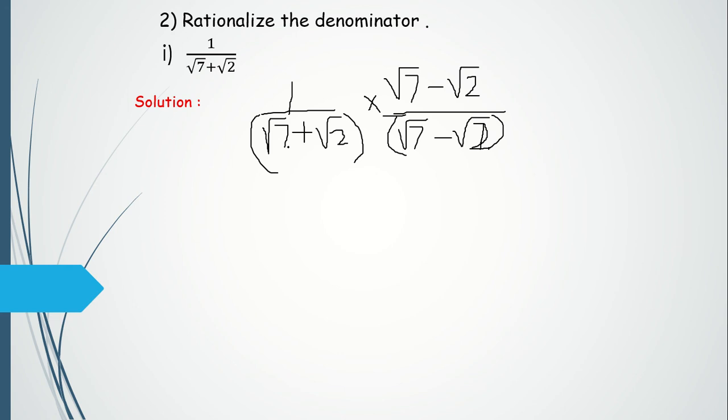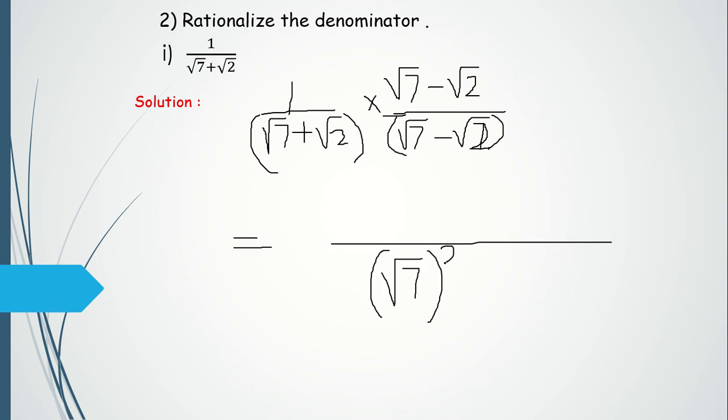So this is going to be now, see, a plus b, a minus b. We wanted to use the formula a plus b, a minus b. That's why we have multiplied by its conjugate. Now this is going to be a square minus b square. So that will be root 7 square, minus b square, that is root 2 square.